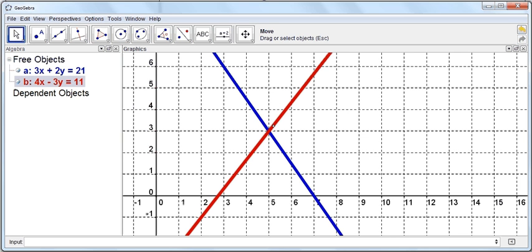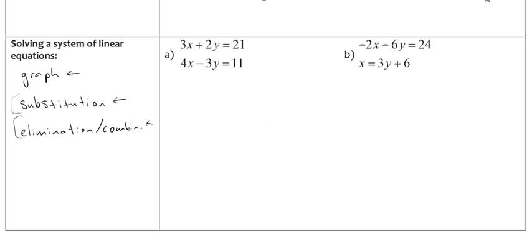And so graphing again can be a solution, but it just isn't always the most reliable or most exact. So we know that our answer on this one is going to be 5, 3, and so I'm going to write that off to the side to make sure we're doing everything correctly.